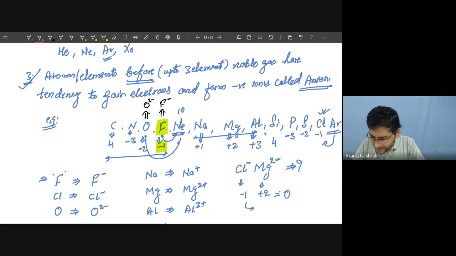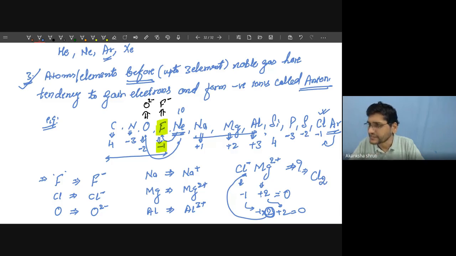This is possible only if you multiply this number by 2 and add this 2. So it becomes 0. This factor 2, which makes the charge 0, is kept as a suffix. It means 2 atoms of chlorine we have to take. So the molecular formula, 2 atoms of chlorine, Cl2.